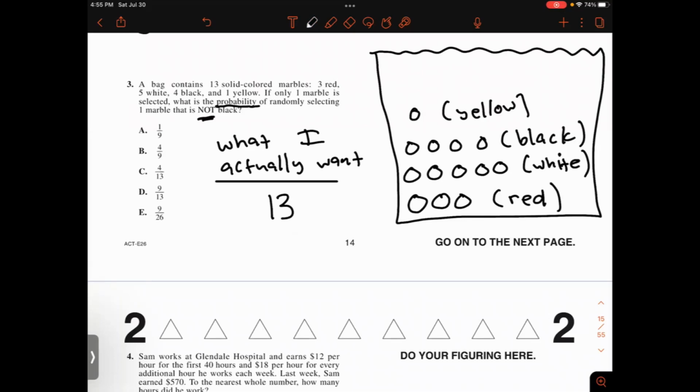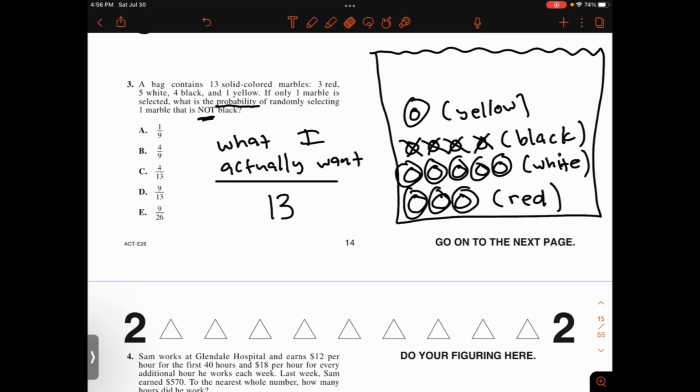Okay, so now let's look at the numerator, the top of the fraction. What I actually want. I want anything that is not a black marble. So I need to eliminate all my black marbles. So what do I have left? I have 1, 2, 3, 4, 5, 6, 7, 8, 9.